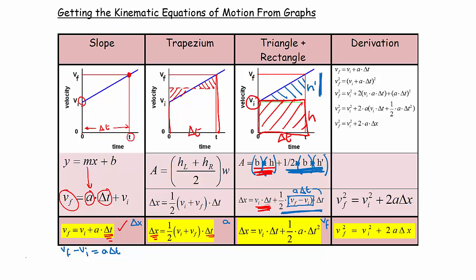And I want this equation to have everything in it apart from delta T. So if I think about it, I have VI, VF, A, delta T, and delta X. They're my 5 parameters that get related, and each equation relates 4 of them.